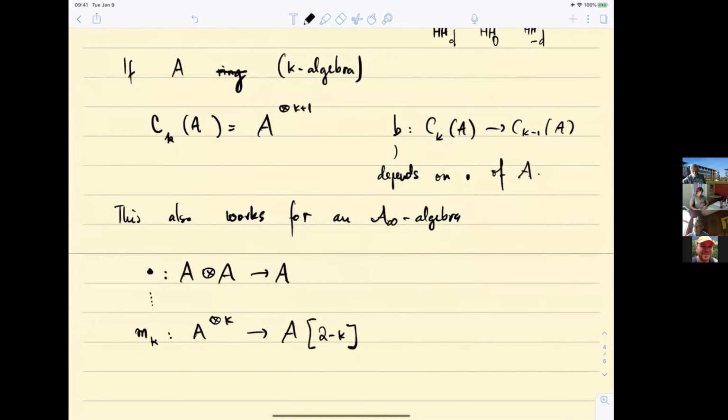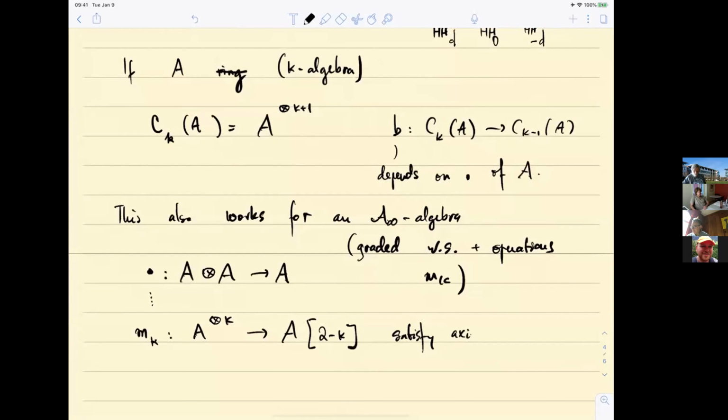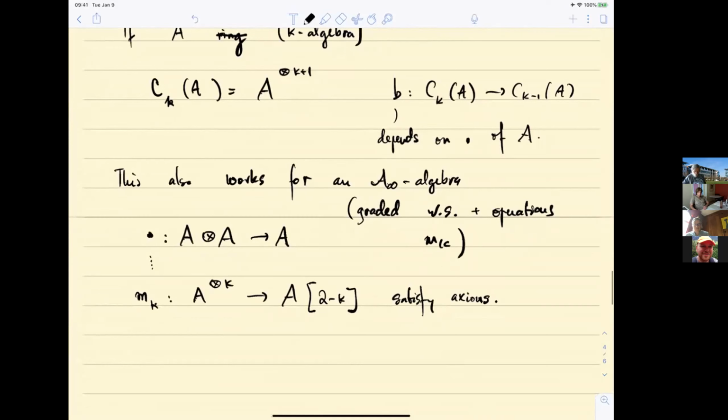So this is a graded vector space plus operations m_k like this, which satisfy some axioms, which I'm not going to tell you, but if we were only looking at the multiplication, they would look like saying that the multiplication is associative.